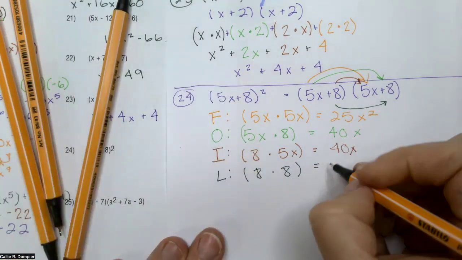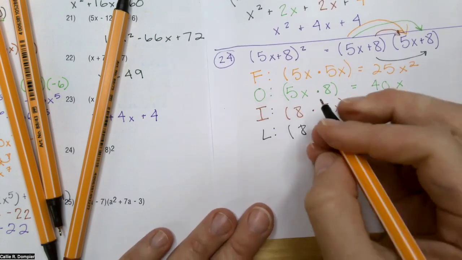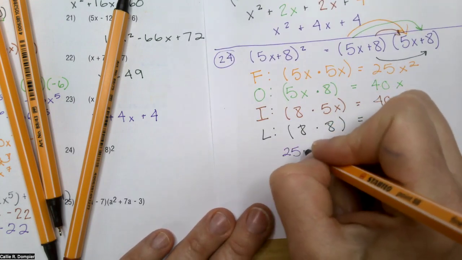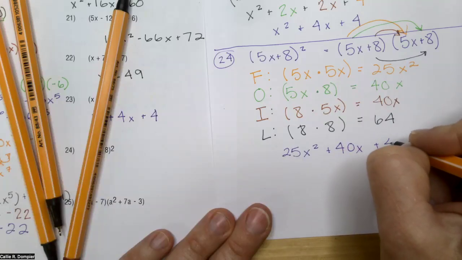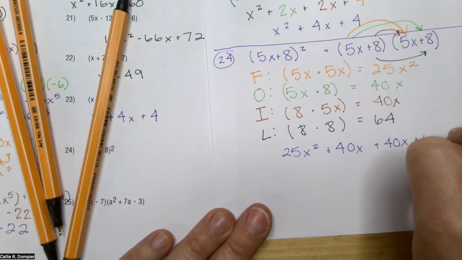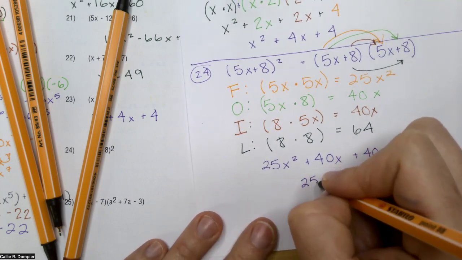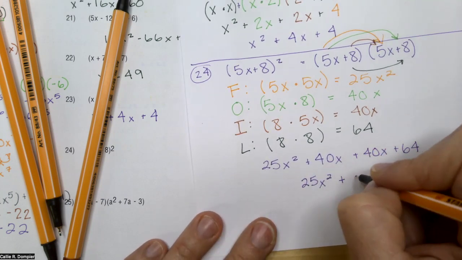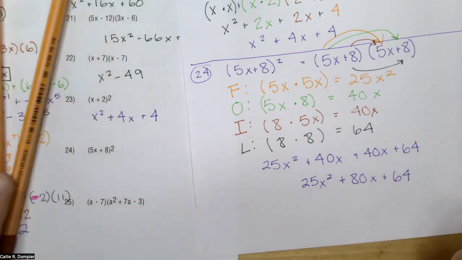And then 8 times 8 is 64. So I'll rewrite that as 25x squared plus 40x plus 40x plus 64. Simplify that to 25x squared plus 80x plus 64.